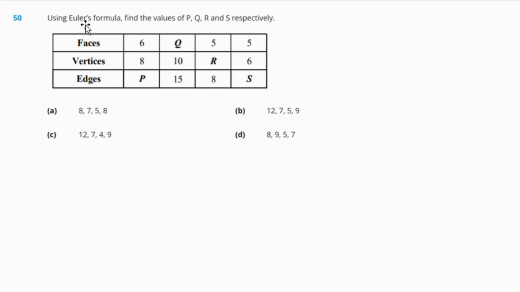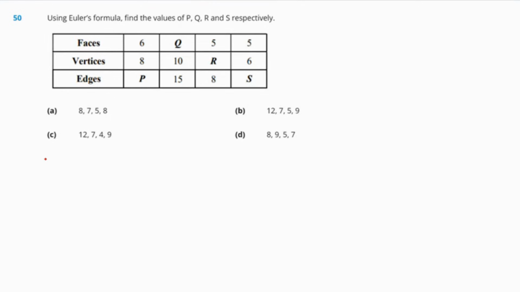Next, using Euler's formula, find the value of P, Q, R, and S respectively. Since we are supposed to use Euler's formula, which is faces plus vertices minus edges is equal to 2, in the first one the faces are 6 and the vertices are 8.